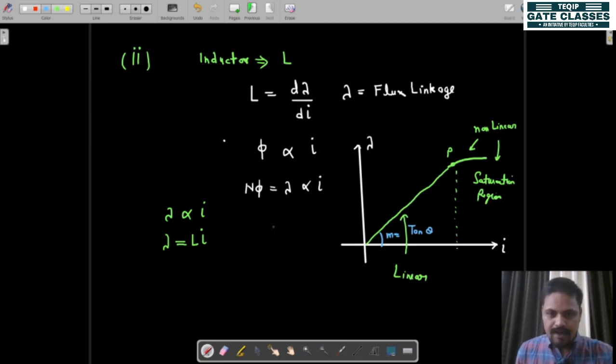You can clearly see from this diagram drawn that after a certain value of current, this curve is going to be non-linear. Definitely we can see that this slope is going to be less. It means the value of inductor will be reduced after saturation.